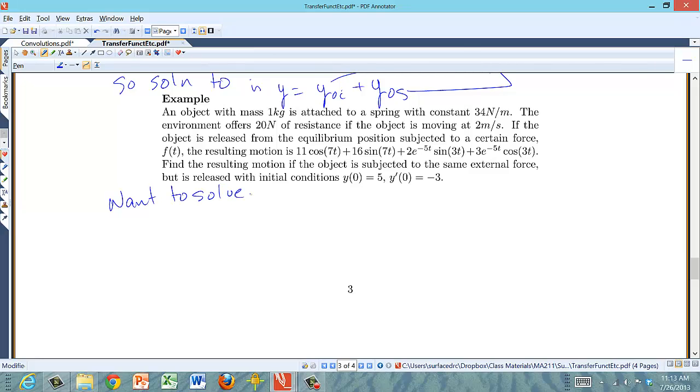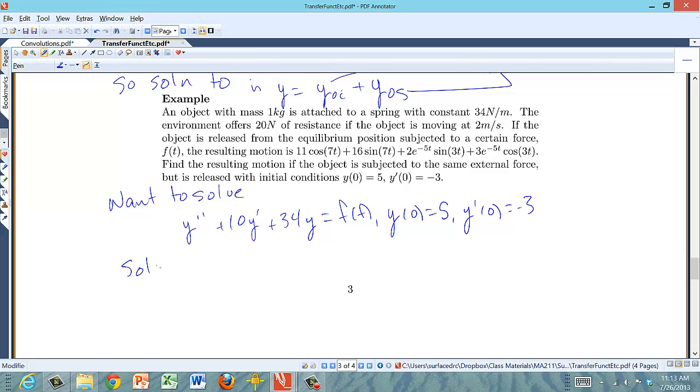We want y double prime plus 10y prime plus 34y to be equal to this unknown external force. I didn't tell you what that is, but I did tell you that the initial conditions we want are y(0) = 5 and y prime at 0 equals -3.